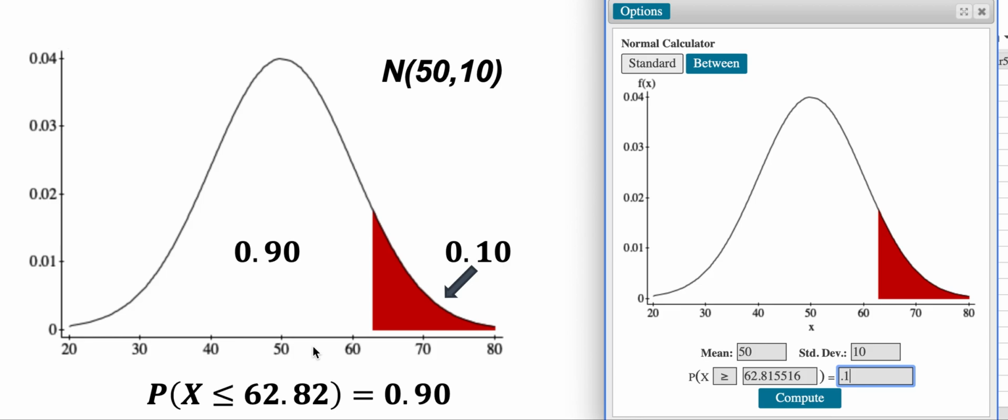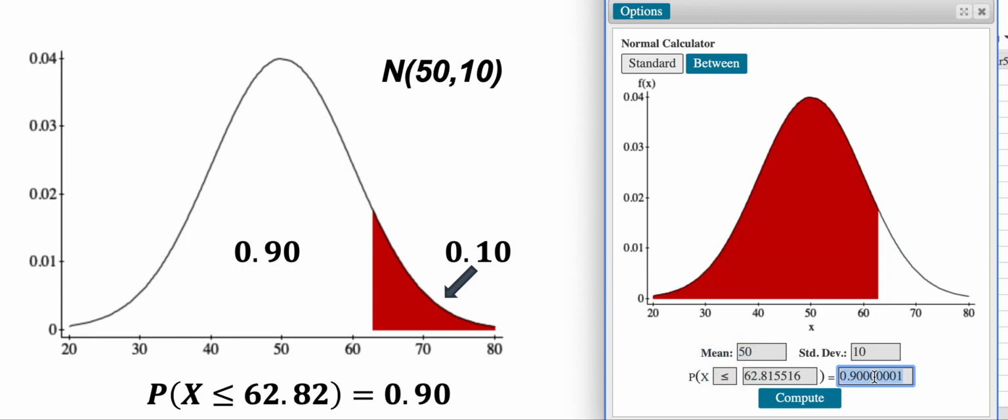And I could have looked at the fact that if 10% of the area is greater than this x value, then 90% is less than the x value. And I simply could have said less than or equal to being equal to 0.9, and that would have also given me the 62.82.